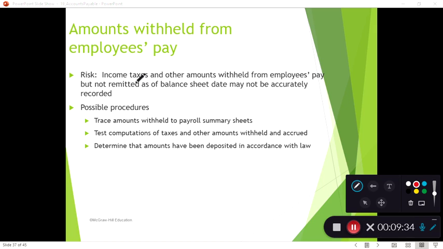So, for example, income taxes and other benefits that are withheld from the client's employees might not have been recorded if they had not been paid, right? Remitted means to be paid.